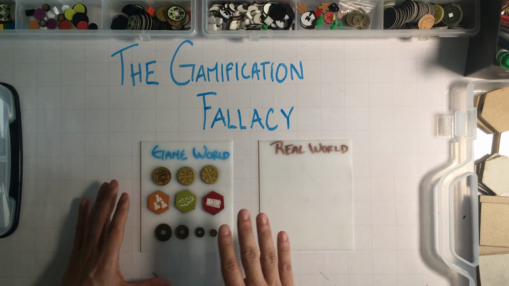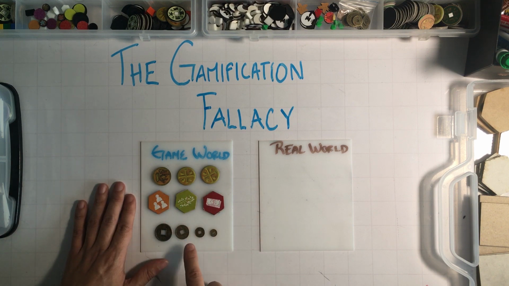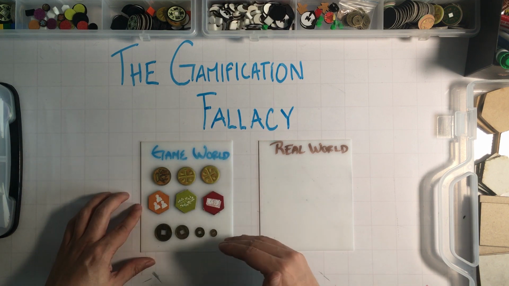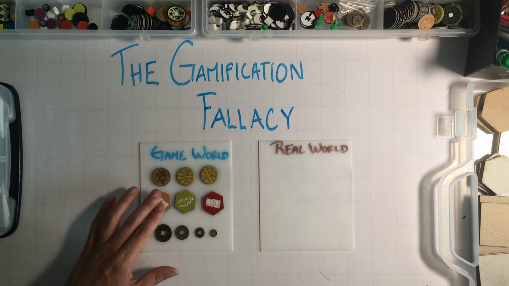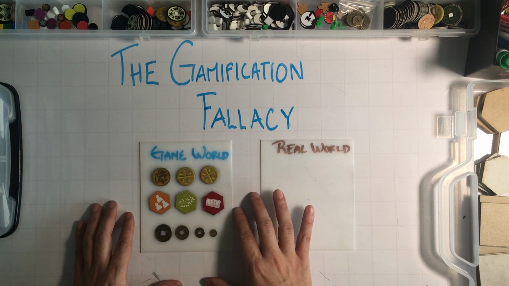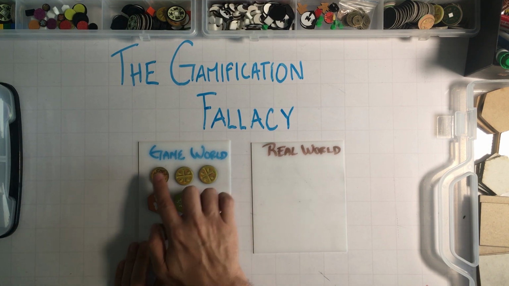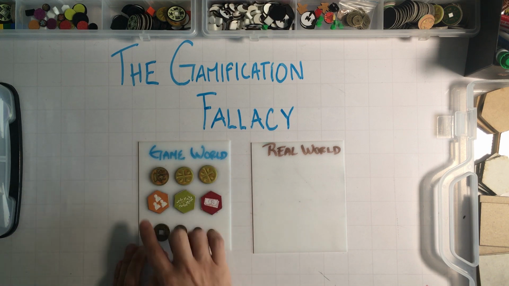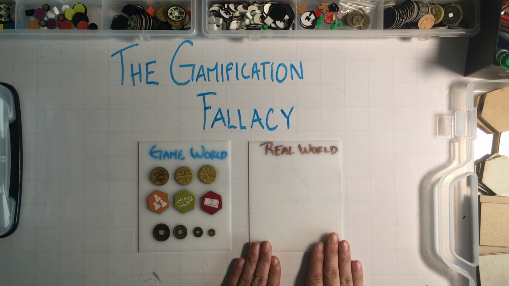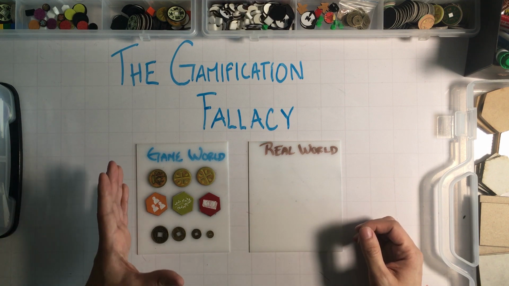Understanding how Farmville and games like that, all the free games, used points, badges, and leaderboards to increase the duration of engagement of a user, and how the data showed that these systems improved user retention compared to not having those systems in a game. If you understand how it was born, and why it's so ubiquitous in the game world to use these kinds of systems, it's easier to understand why we're trying to implement them in the real world. And that overlooks a lot of important aspects of game design.